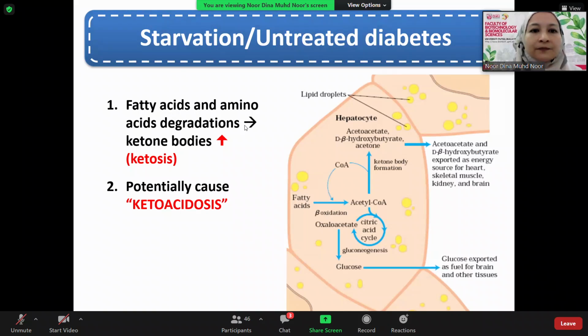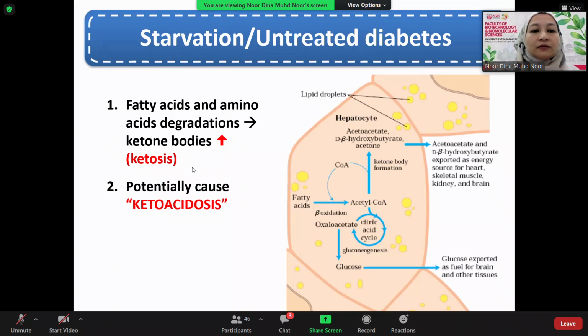All right, so if fatty acids and amino acids degradation is very high, if there is a continuous process of degradation of fatty acids and amino acids, there will be a high concentration of ketone bodies produced.